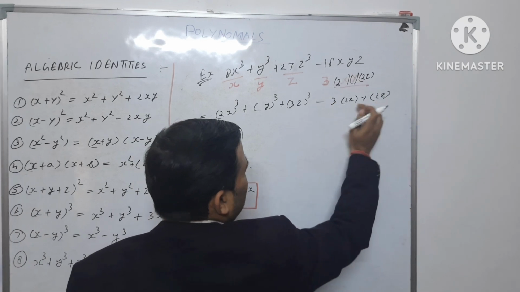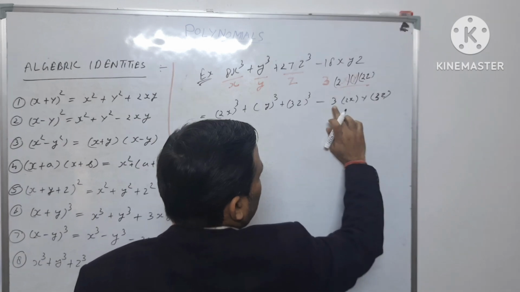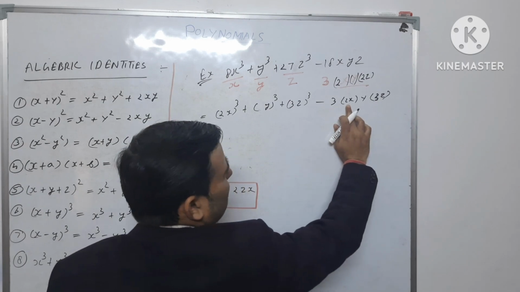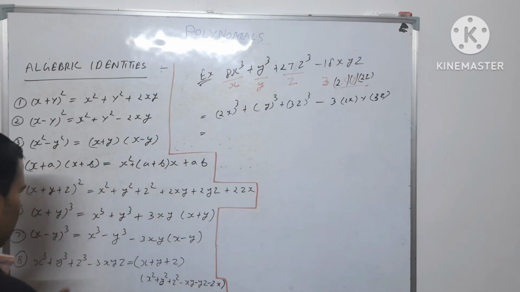After multiplying 3 with 2 we get 6, and after multiplying with 3 we get 18. So we can expand this in this manner.